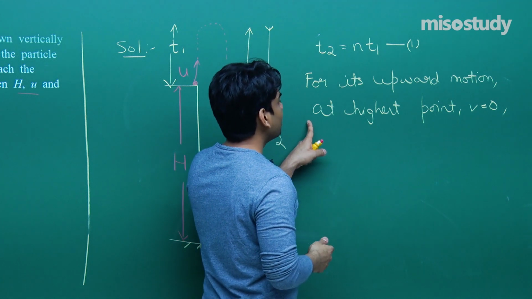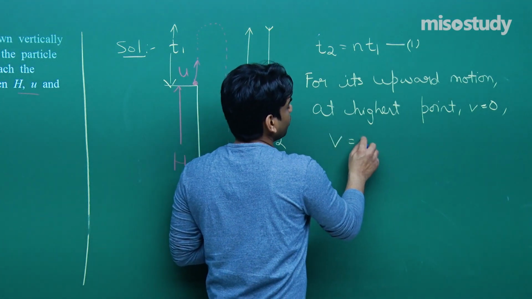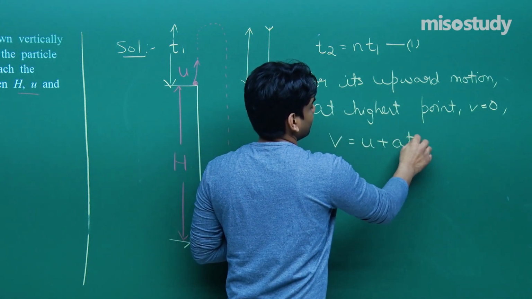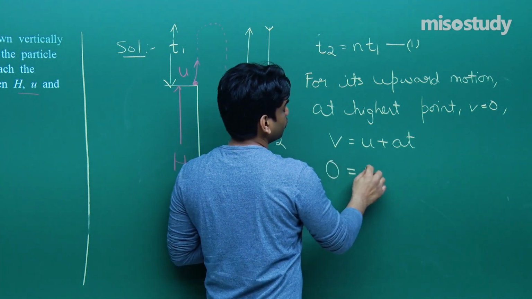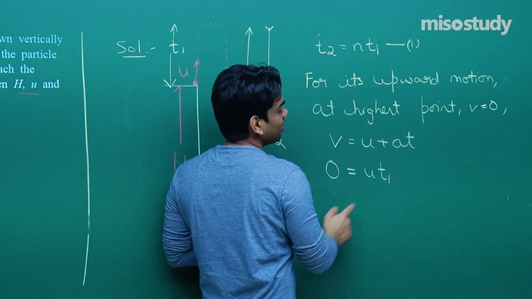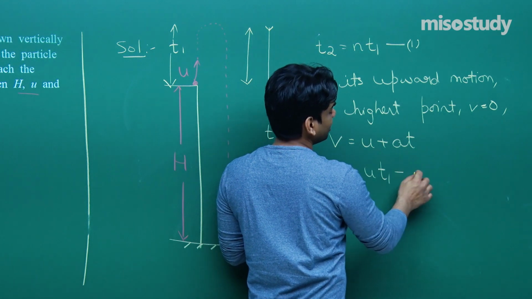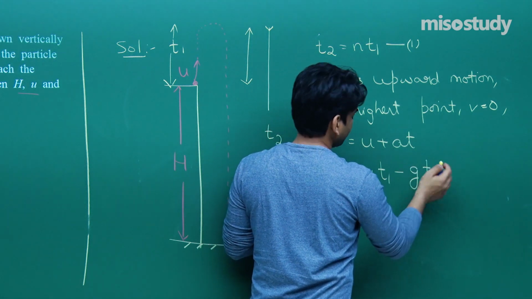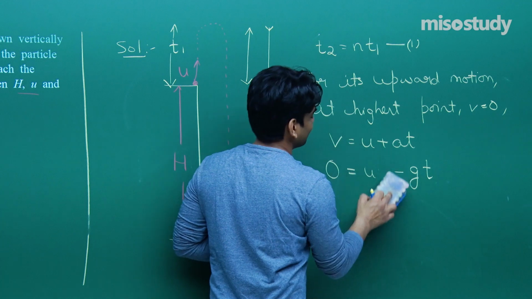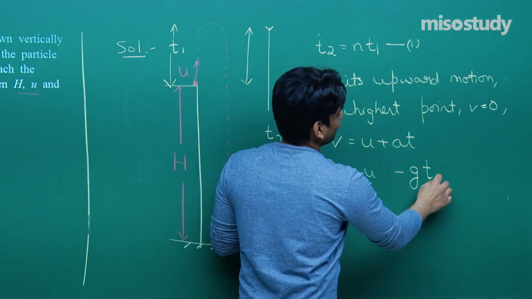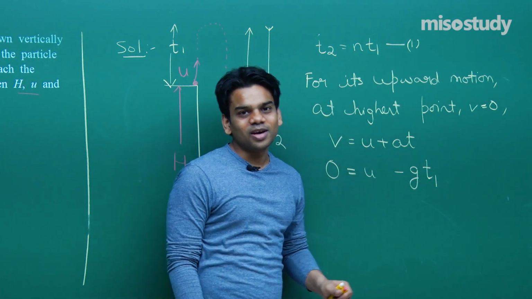Now you see here. So can we use v equals u plus at? V is 0, u is u, time t is t1. Now a is g, that is directed downward, so I use minus g into t1. Why minus g?